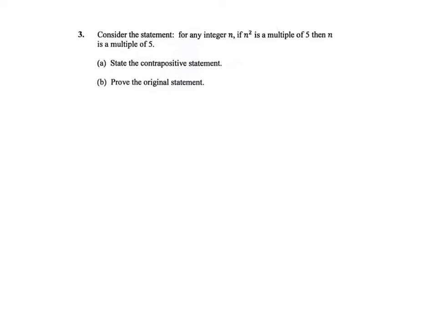State the contrapositive statement. What we want to do is to switch the hypothesis. The hypothesis is this part here, and the conclusion. So if n squared is a multiple of 5, now if 5 divides into n squared, then n is a multiple of 5, so 5 divides into n, that's the original statement.